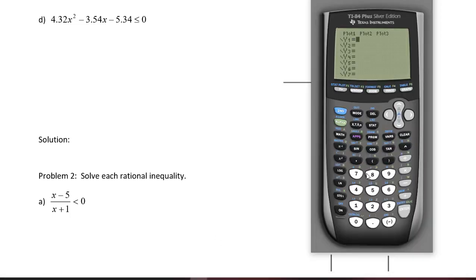Y equals 4.32x squared minus 3.54x minus 5.34. I'll graph that, and I'm going to look at the table of values to see if there are any obvious intersections.